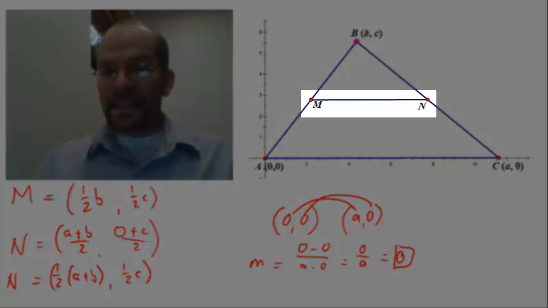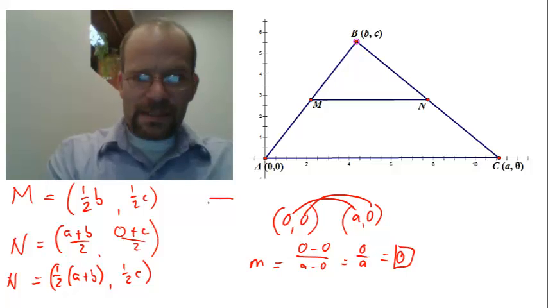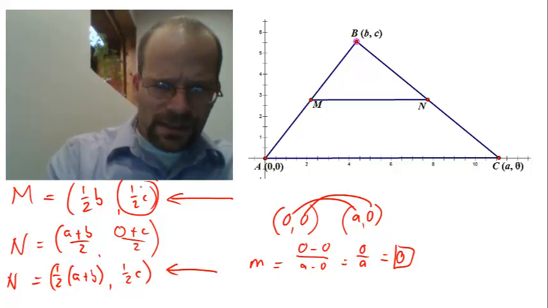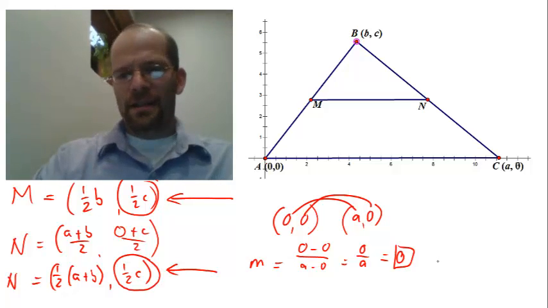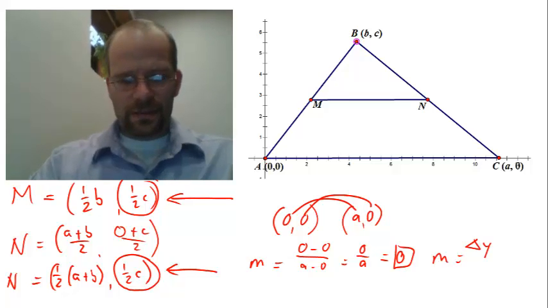Let's go ahead then and take a quick look at the slope of the midsegment. To talk about the slope of the midsegment, we really need to talk about the slope of segment MN, and we have the points here. Right now, all I want to do is look at the y values, 1/2 c, 1/2 c. You know that slope is equal to delta y in the numerator.